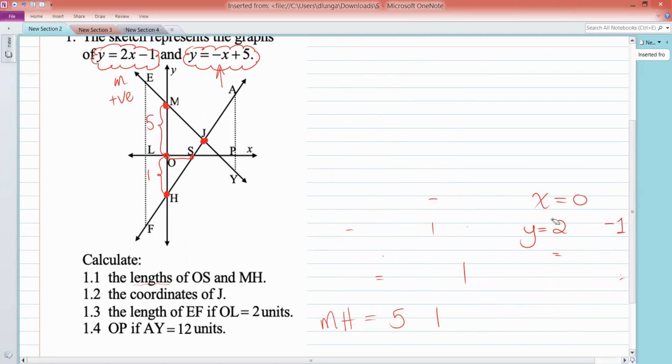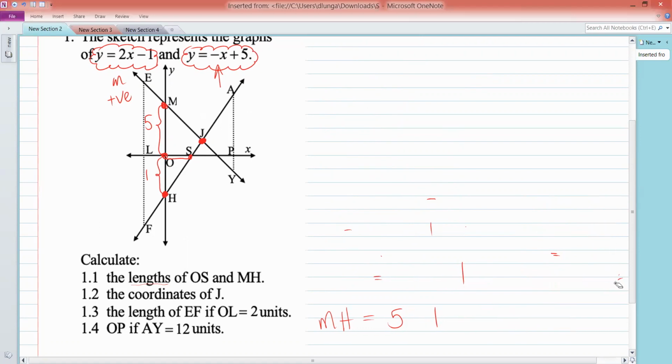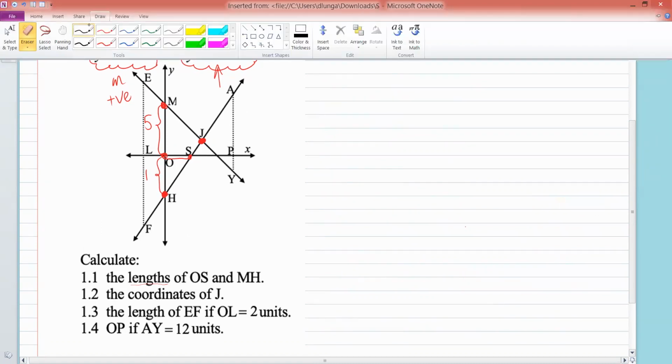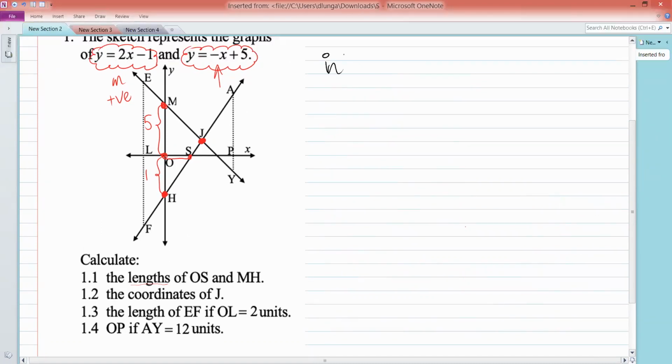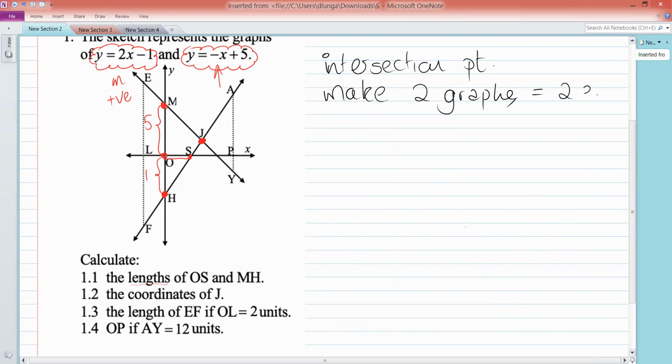Perfect. So first things first, whenever we need to find the intersection point of two graphs, I'll make a note here: intersection point, PT means point. You just make the two graphs equal to each other.